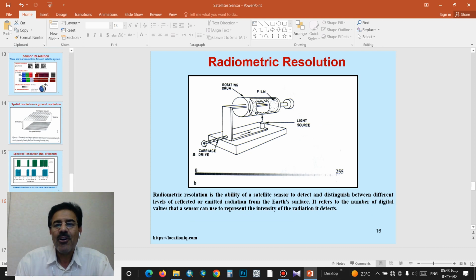And this slide, radiometric resolution. Radiometric resolution is the ability of a satellite sensor to detect and distinguish between different levels of reflected or emitted radiation from the Earth's surface. It refers to the number of digital values that a sensor can use to represent the intensity of the radiation it detects.